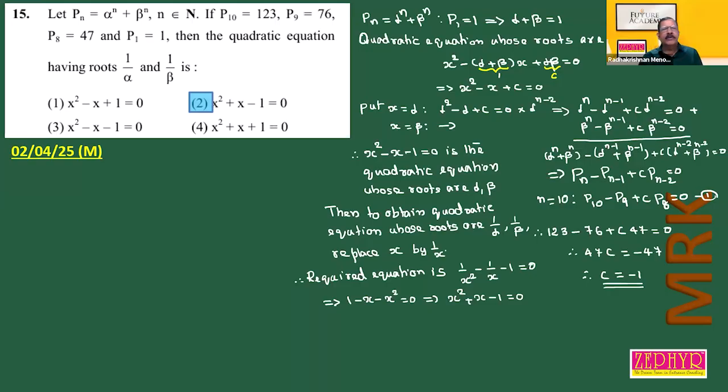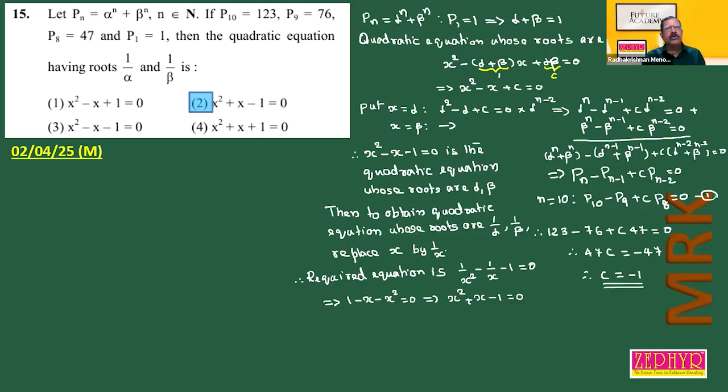So that is question number 15 that was asked in April 2, 2025. You will write next year, but your seniors are going to write the examination in the coming January.